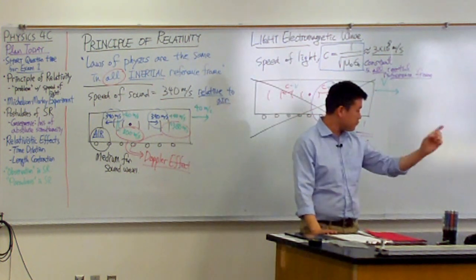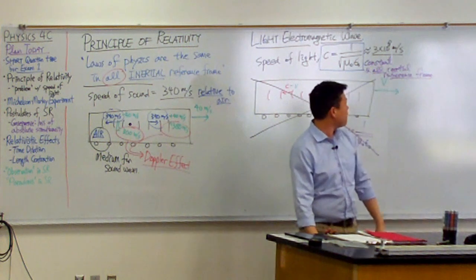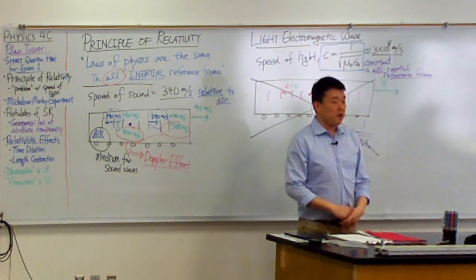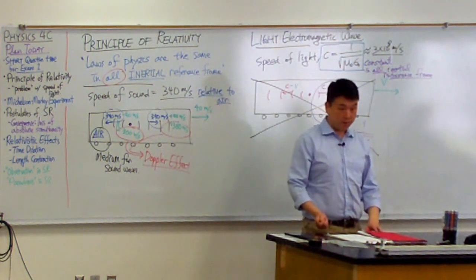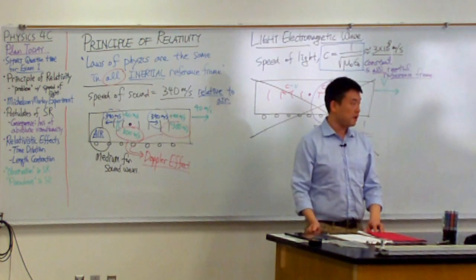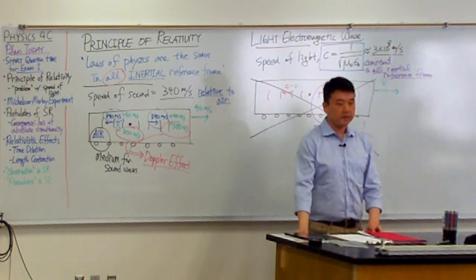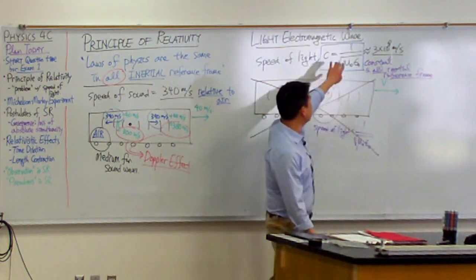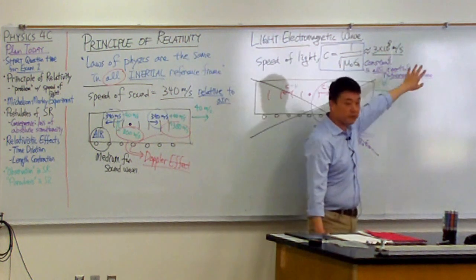So let's take the break now, and when we come back, I want to describe an experiment that helped people accept this reality that the speed of light is constant in all inertial reference frames.